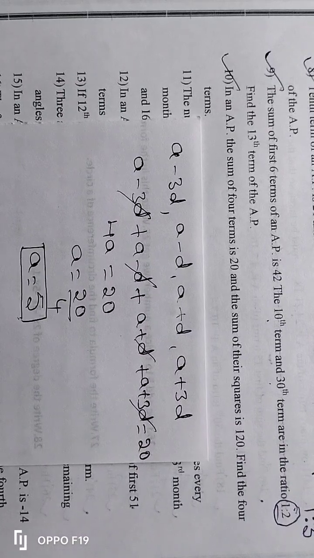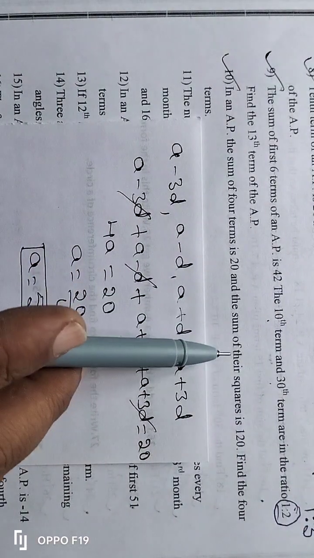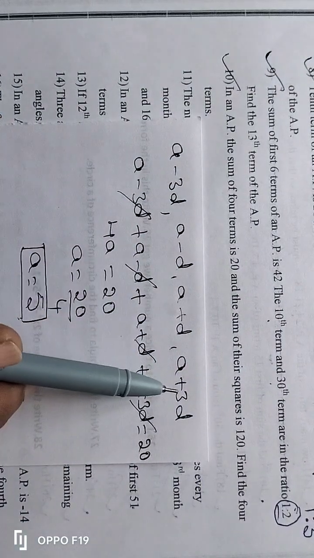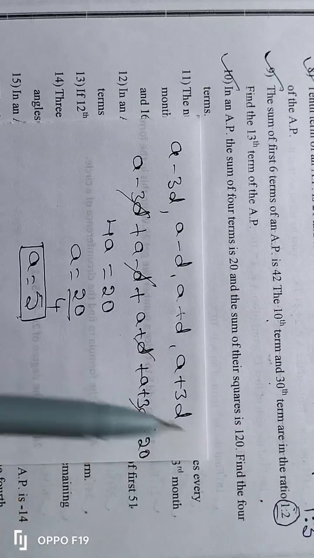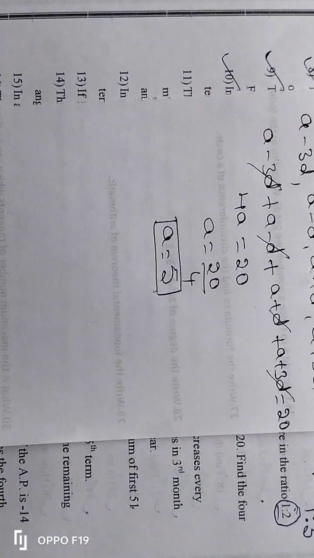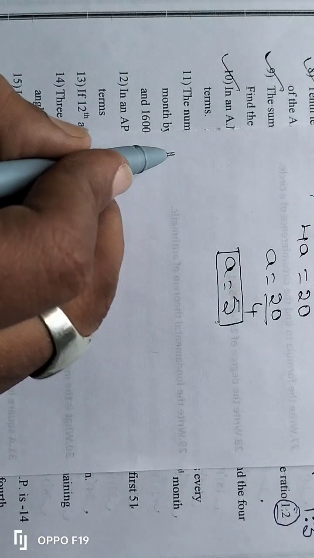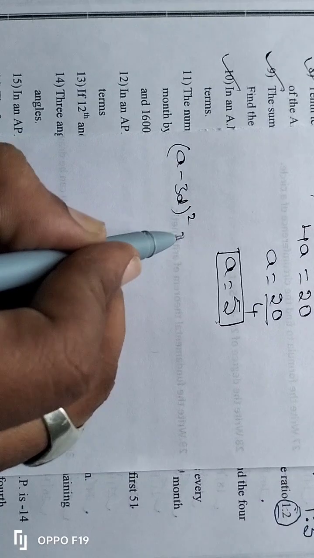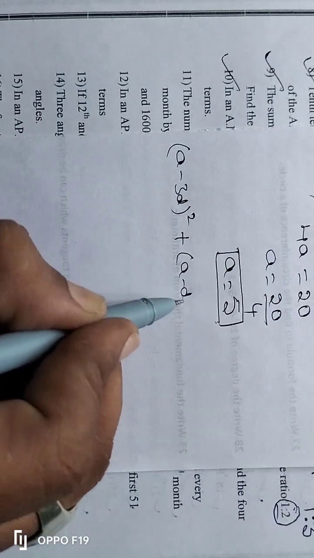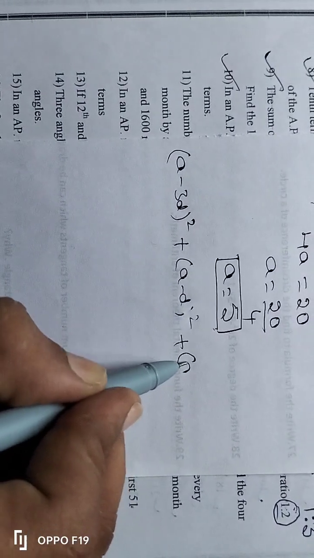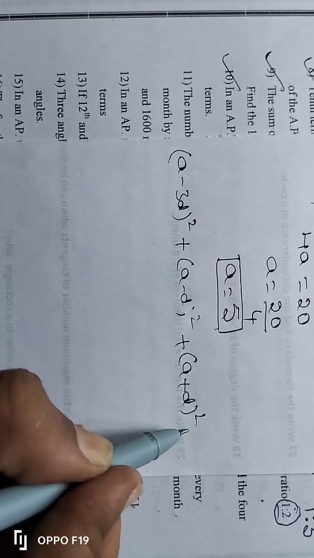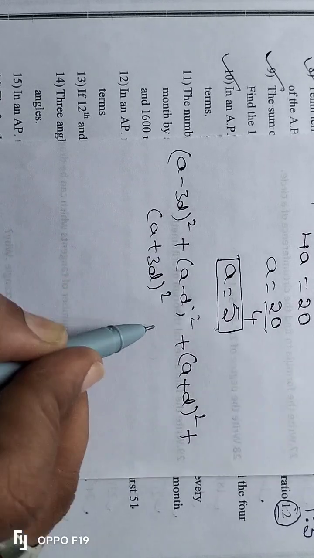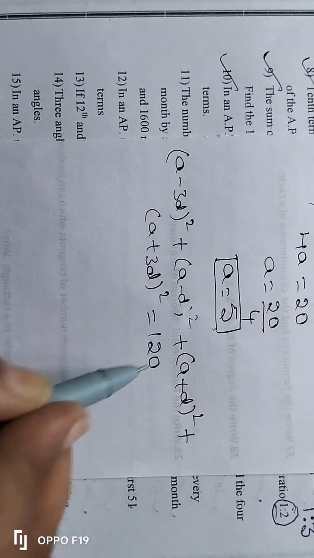After getting the value of a, now the sum of their squares is 120. So if I square and add them, their sum will become 120. Let us square and add them: a minus 3d whole square plus a minus d whole square plus a plus d whole square plus a plus 3d whole square, which is equal to 120.